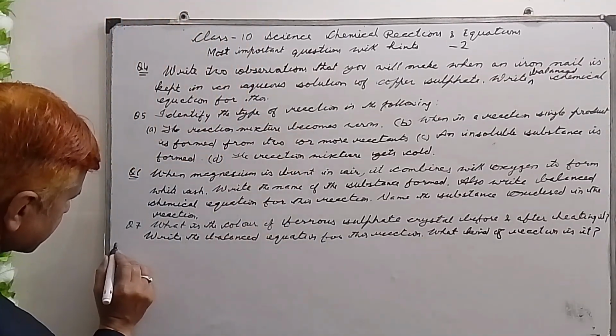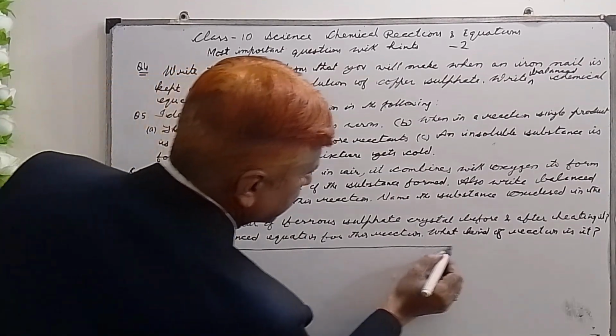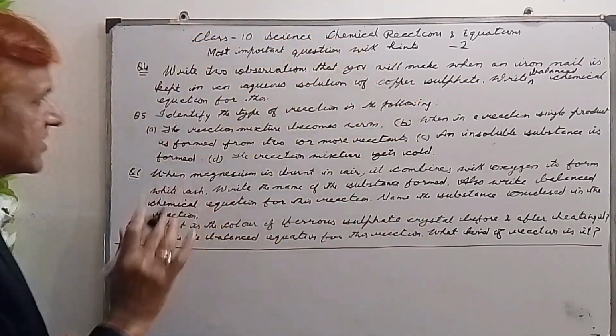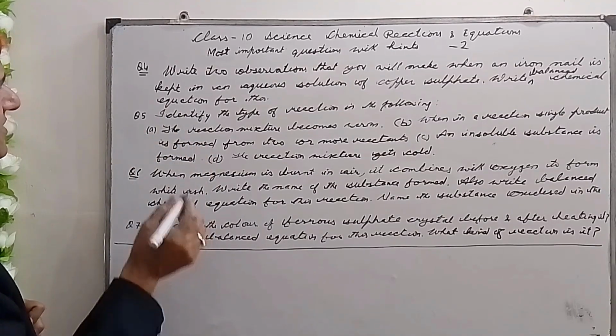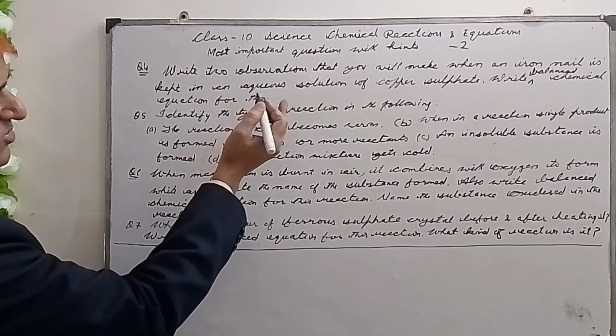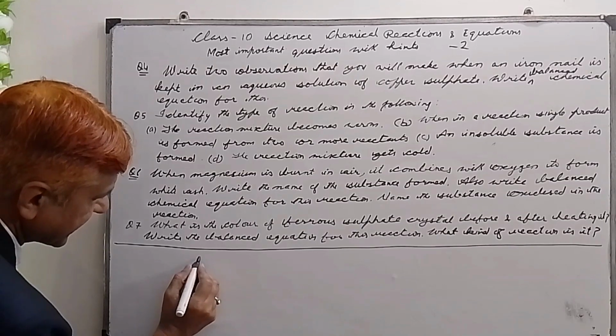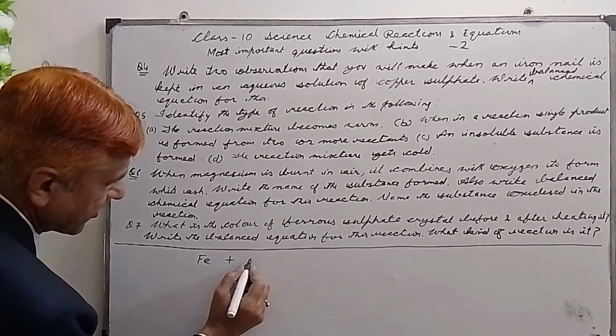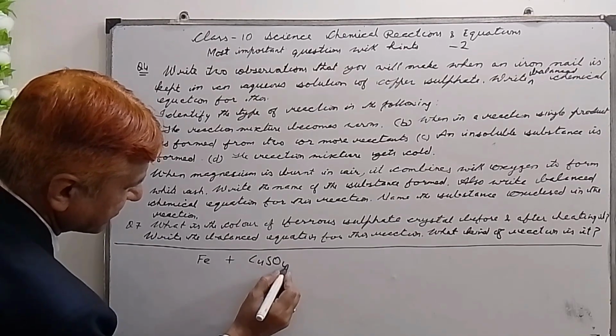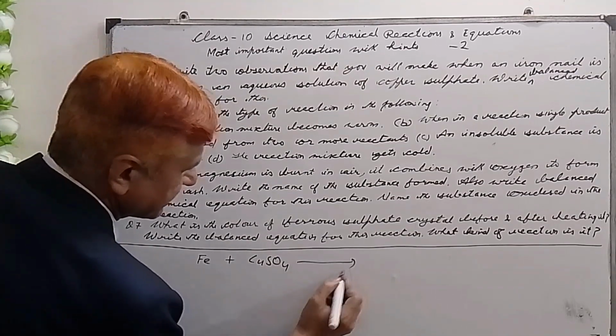So my dear students, let me write the equation for this reaction. An iron nail is kept in an aqueous solution of copper sulfate. It means this is the reaction of iron plus copper sulfate. So what is the reaction?